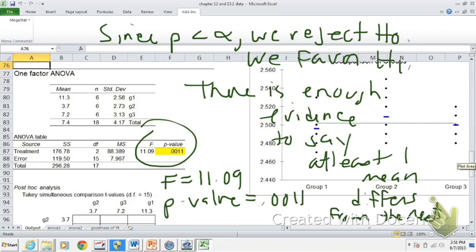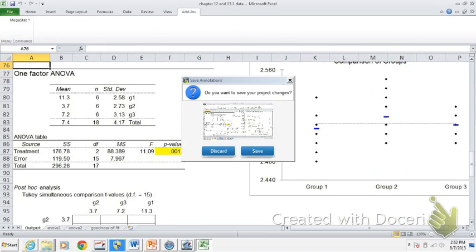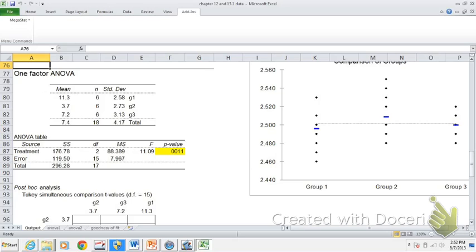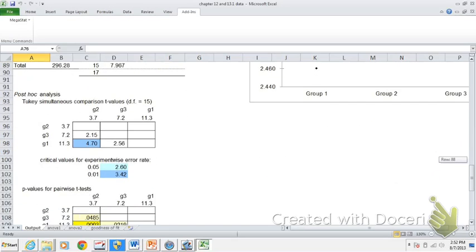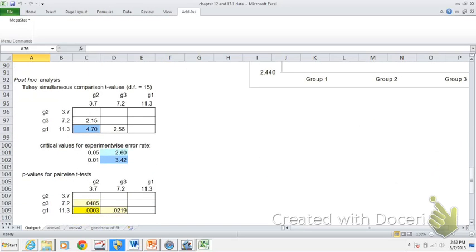Now what's neat is the Tukey's post hoc analysis, Tukey test. Let's just take a look at that for grins and giggles here. What's neat is the Tukey test will do the pairwise t-test for you. And if you zoom in here, it's p-values for the pairwise t-test. If you zoom in, it'll show you which ones differ most significantly. So G1 against G2 had a p-value of 0.0003, but they're all significant.